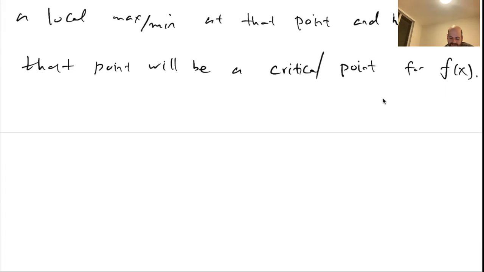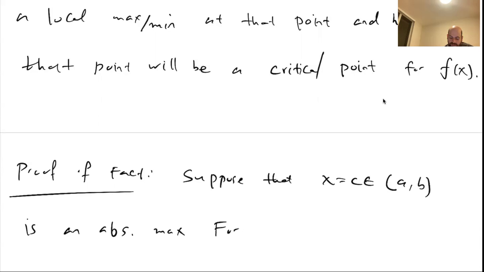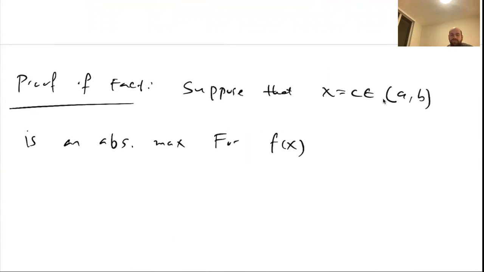Why? So, proof of the fact. Suppose that x equals c, belonging to the open interval a to b, is an absolute max for f of x. Okay, so the fact says that the absolute max does not occur at an endpoint. So let's say x equals c is an absolute max and not an endpoint. If it's not an endpoint, meaning it's not a, not b, then where will it be? Well, it will be inside the open interval a to b, right?